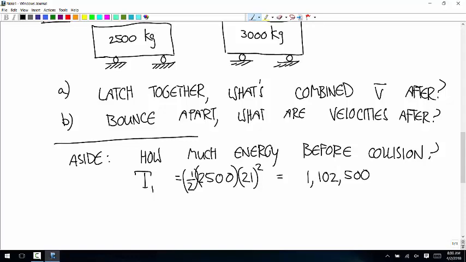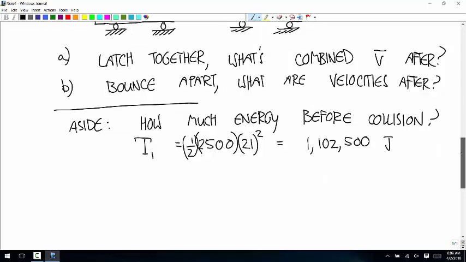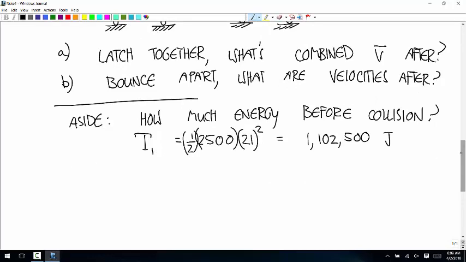And what are the units? Joules. Yep, and we'll just call it joules. Kilogram meters squared per second squared. That's exactly right. And how fast would a baseball have to be going to have this much energy?